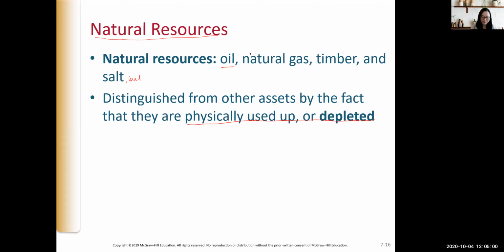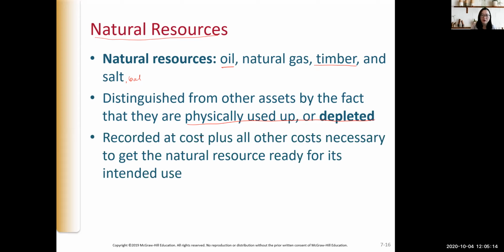So oil can be depleted, it can dry up. Natural gas can also dry up. Timber, you can cut everything and then you become a desert. And hence we also need to record it as a cost. So in order to calculate it, first we talk about acquisition of these assets.